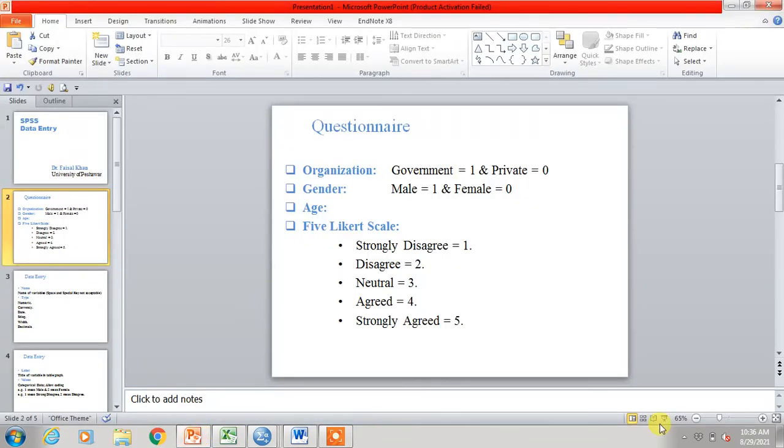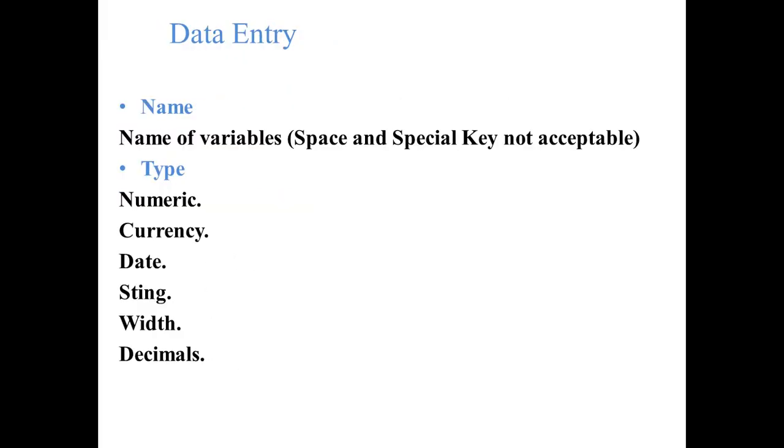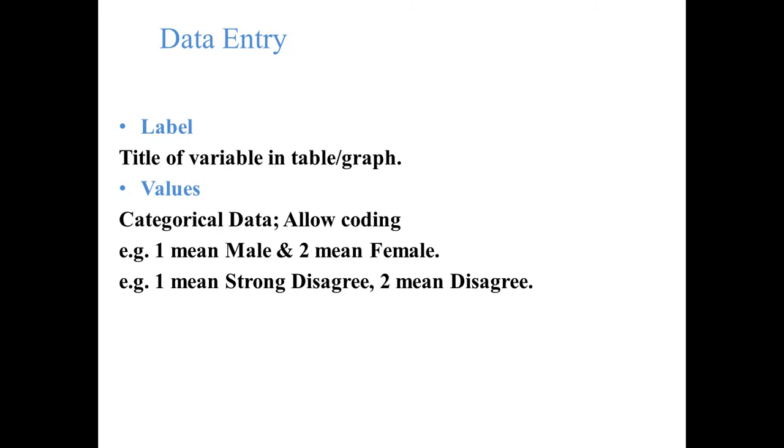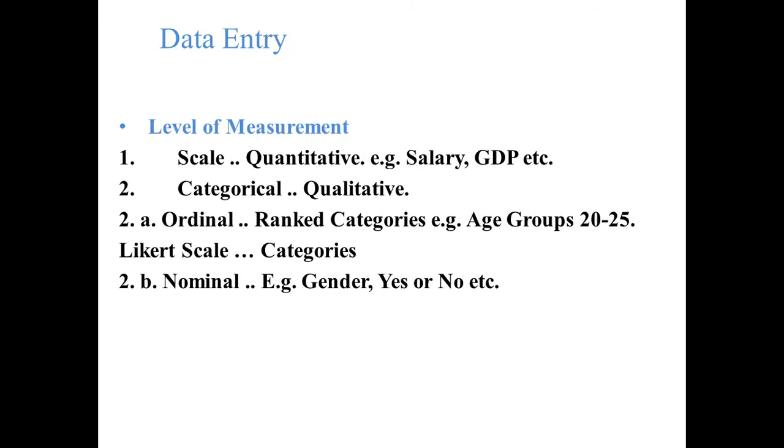Okay, let me make it easy for you. You can see that if the data is in quantitative form, then you are supposed to consider the scale. But if the data is in a qualitative form, then you have two options: ordinal or nominal.